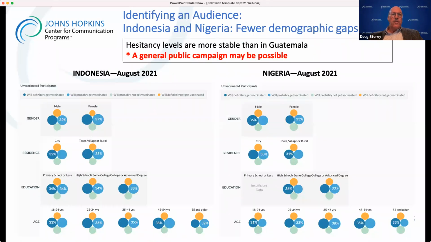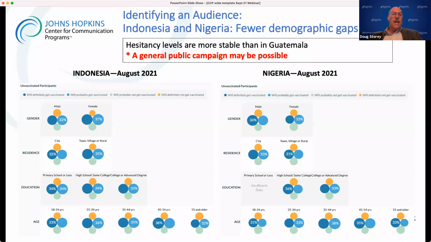Just by way of contrast, if we look at the same kinds of demographic breakdowns for Indonesia and Nigeria, and we scan quickly across the sizes of the bubbles in each of these demographic breakdowns for the 2 countries, we see that there are fewer demographic gaps, both in Indonesia and in Nigeria, across most of these demographic categories.